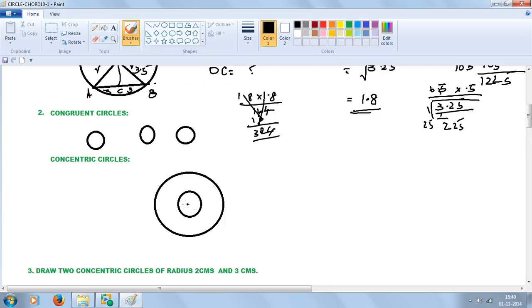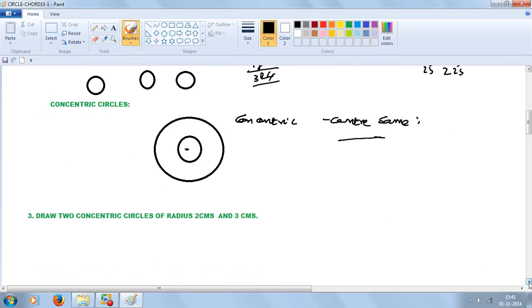That means concentric. The two circles, one inside the other, with the same common center. So concentric means center same. So congruent means equal radius.